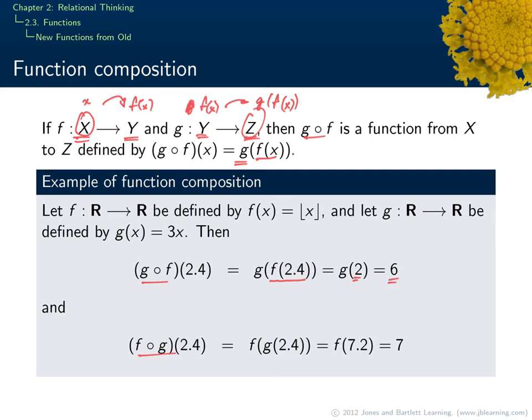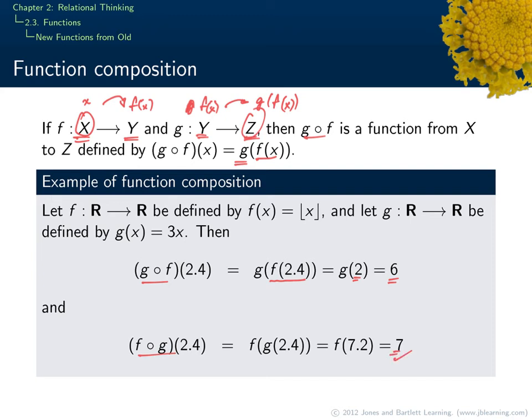Now on the other hand, if we take f circle g, then that's f of g of 2.4, which would be f of 7.2, because remember, g takes things and multiplies by 3, and then f is the flooring function, so it's the biggest integer that's less than or equal to 7.2, and that would be 7.